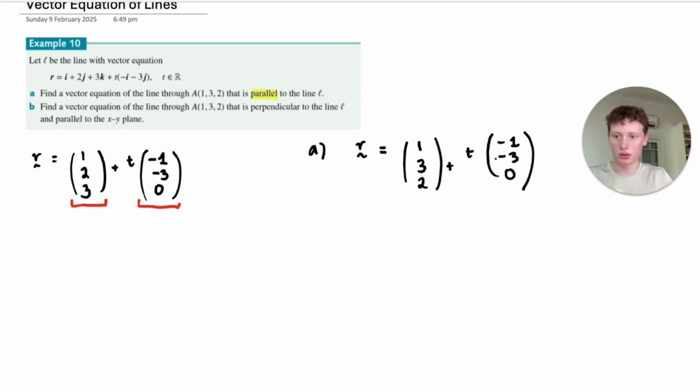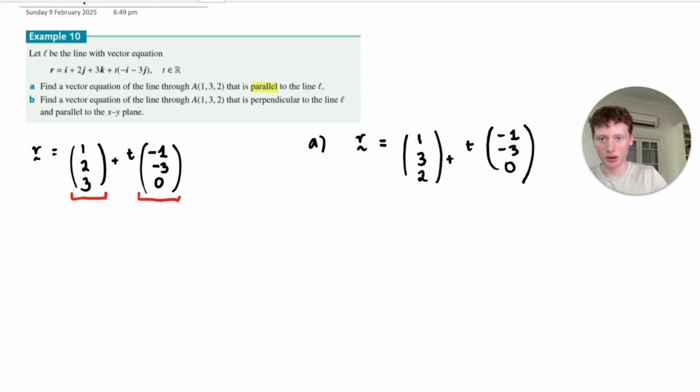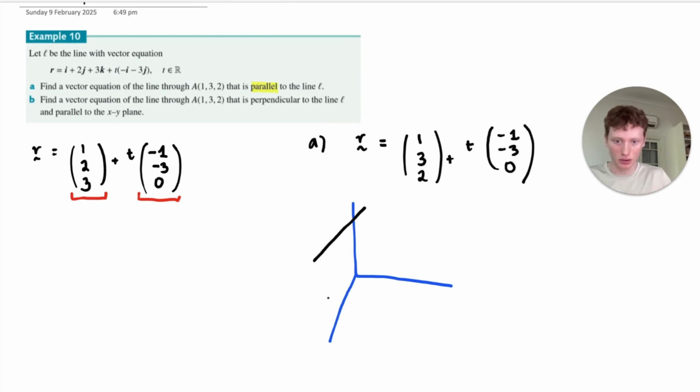What that would look like, if we've got something in 3 dimensions here, is our original line like that, and the other line might be down here, but it's still going to have that parallel shape to it. I should also mention, I like to write my vectors as column vectors. It just makes more sense to me.